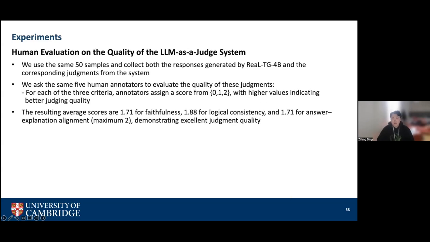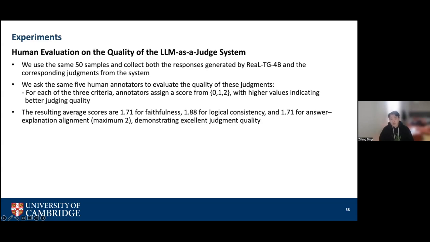The second human evaluation is that we use humans on the same 50 samples and collect both the responses generated by the language model and the corresponding judgment from the system, and ask humans to evaluate the quality of this judgment. How do you think of these comments generated by the judge about the quality of the reasoning trace output by our fine-tuned model?